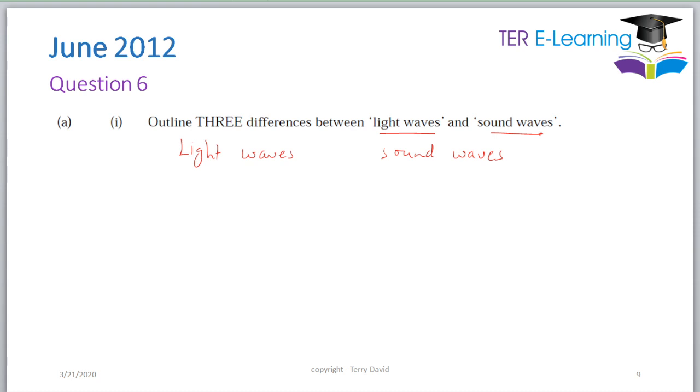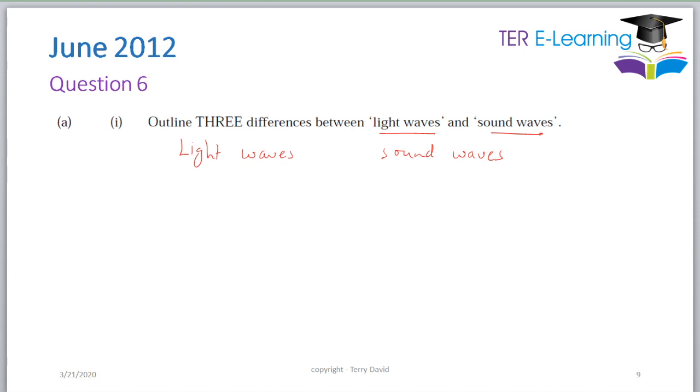Alright, so John is saying light waves are transverse while sound is longitudinal. That is correct. Tyree is saying that light travels at 3 by 10 to the 8, sound at 340. Xavier is saying about longitudinal and transverse, that's true. Kendall, light travels through a vacuum while sound needs a medium.